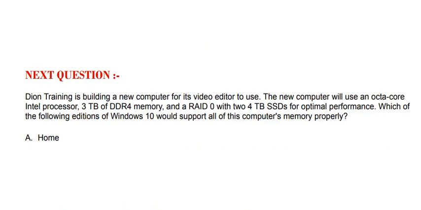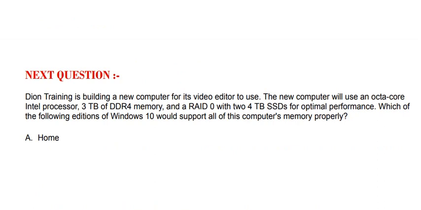Next question is, Dion Training is building a new computer for its video editor use. The new computer will use an octa-core Intel processor, 3 TB of DDR4 memory and a RAID 0 with two 4 TB SSDs for optimal performance.